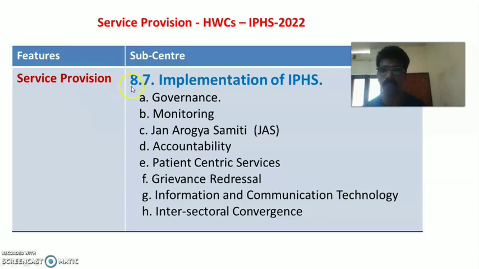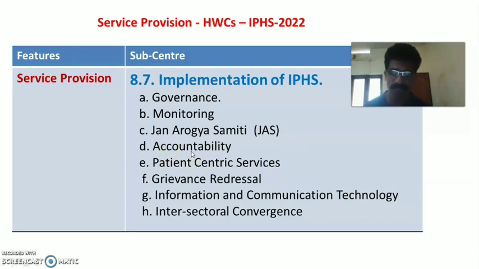Then under service provision, 8.7 is implementation of IPHS standards in the sub-health center. For that we have governance, that is government control over the sub-health center, monitoring group, continuous monitoring, and Jan Arogya Samiti, also formed for community participation or engagement in planning, implementing and availing the services from the sub-health center.